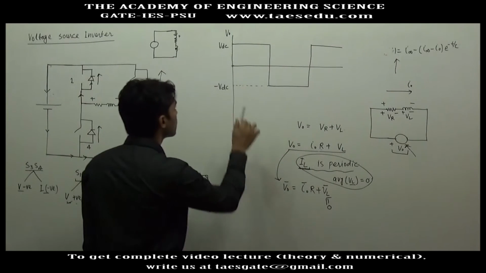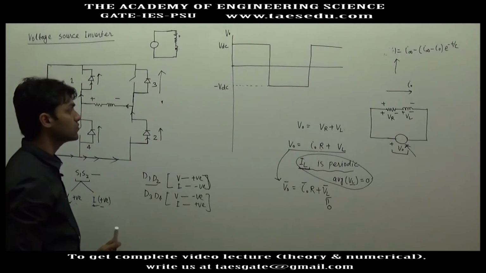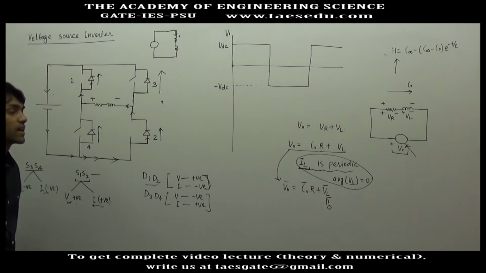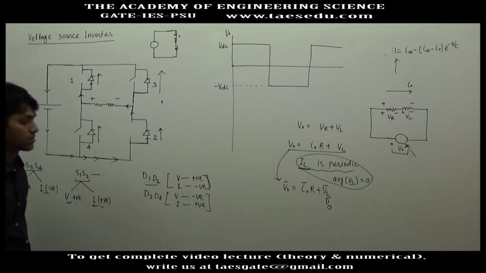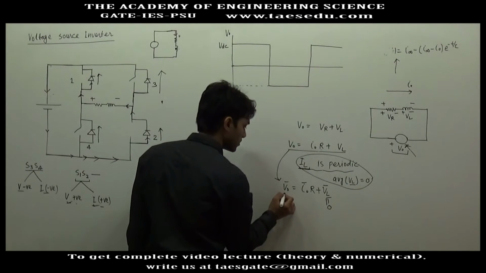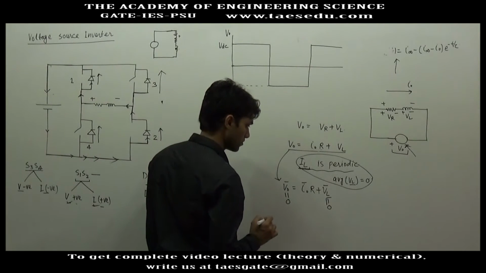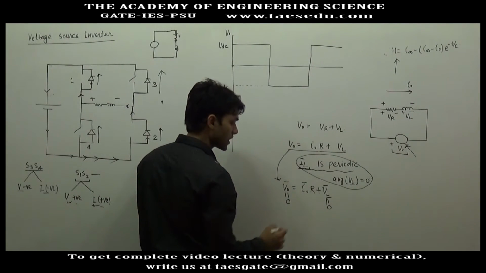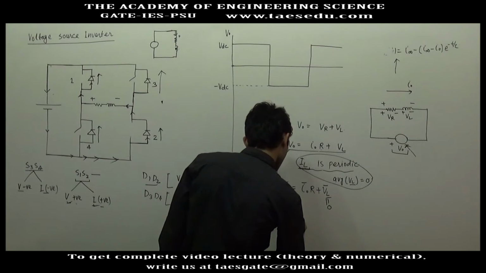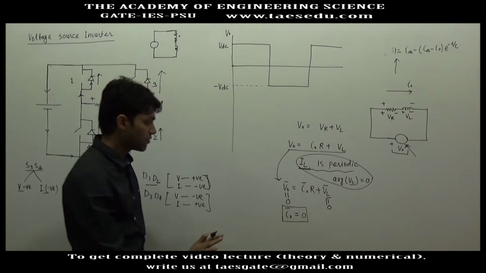What is the average value of output voltage? You are getting positive and negative voltage for the same duration, so this voltage is also 0. Now if you calculate the average value of I naught, you will get 0. I'm not saying the current will always be 0.